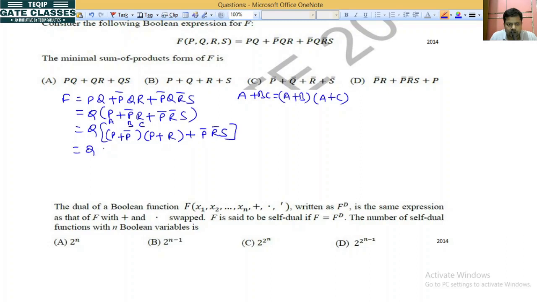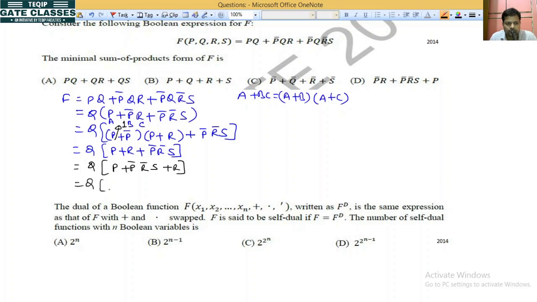So it will be p plus r plus p bar r bar s. Okay, because this one will be 1 only. Now we have q here, p plus p bar r bar s plus r. We can write it as this.